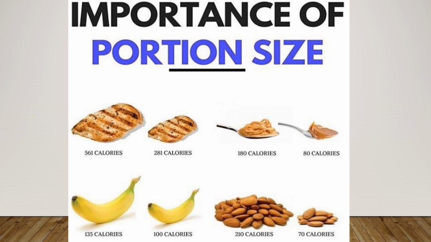This big slice of chicken is 561 calories, whereas chicken of a smaller size goes to 81. Similarly, this is peanut butter. Look at the spoonful of peanut butter and then the spoonful in another image. There is a 100 calorie difference. So when you are going into a calorie deficit diet, you need to understand the portion as well.